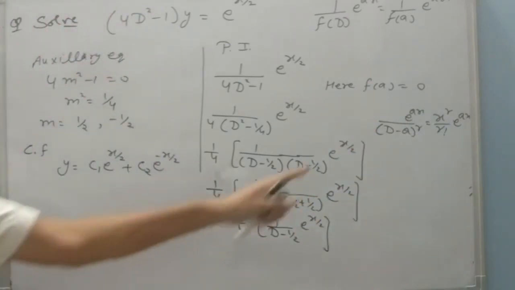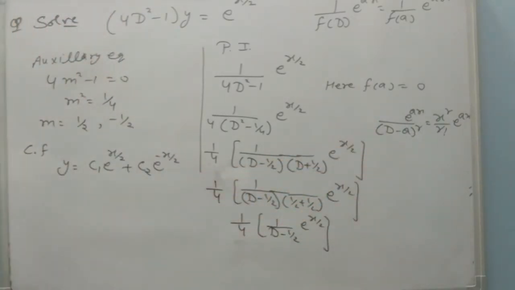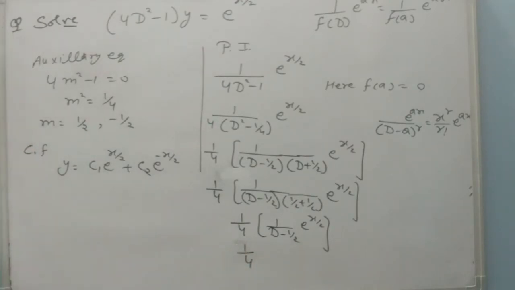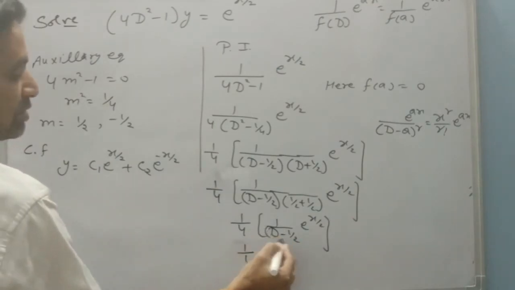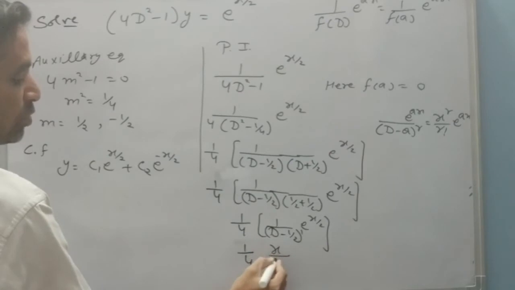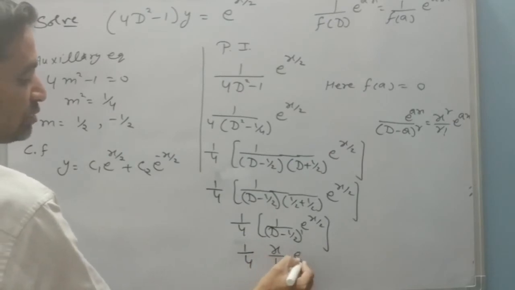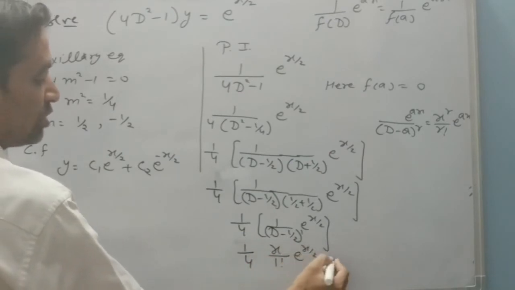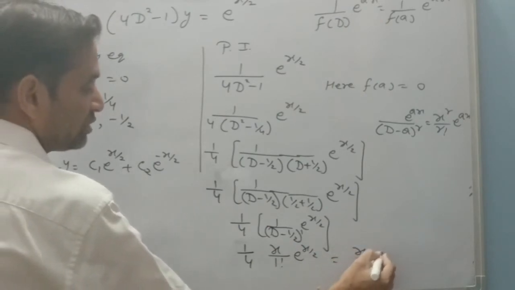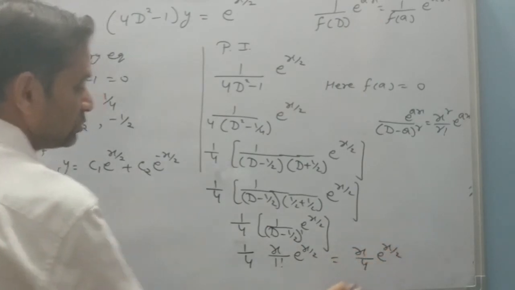Applying this rule here, I will get 1 by 4, x to the power r. Here r is the power, which is 1. So it is x upon 1 factorial, e to the power x by 2, or I can say it is just x by 4 e to the power x by 2.